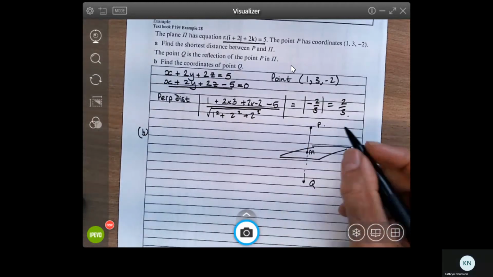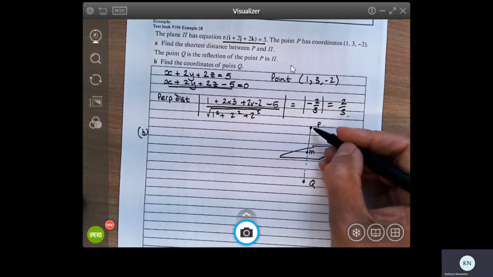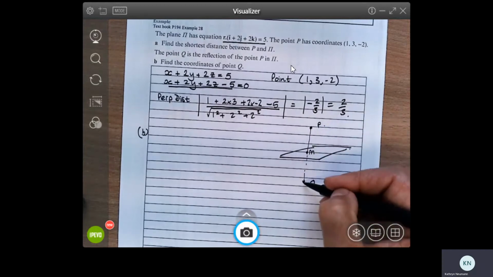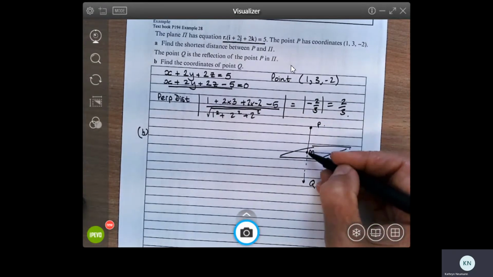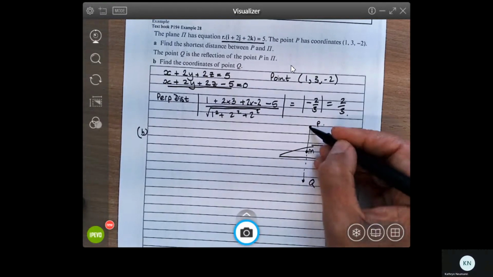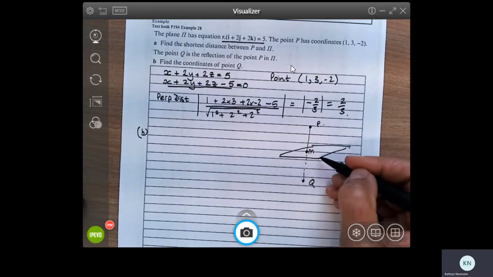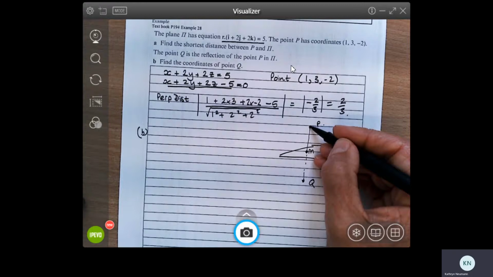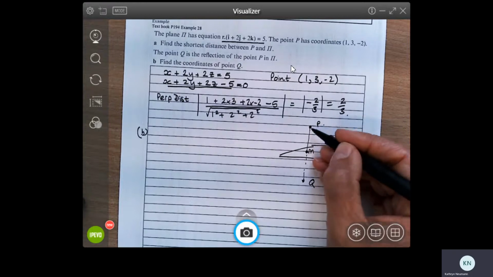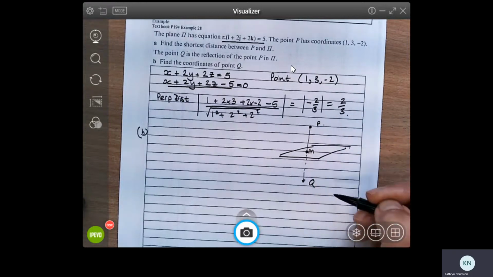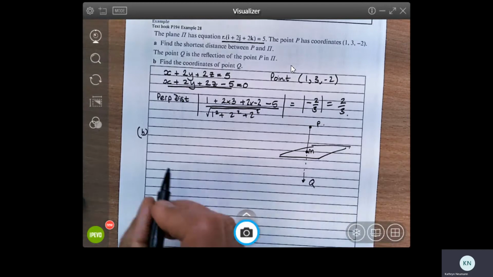So the overall method for doing this is to find an equation for PQ, find out where it intersects the plane. We've got a line and a plane, find where it intersects the plane, work out the value of lambda that takes you from P to M, and then double that because it's going to be double in the reflection.